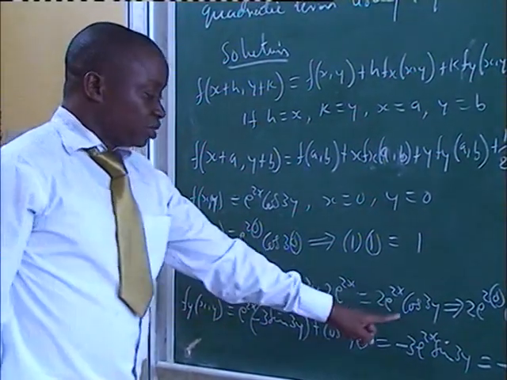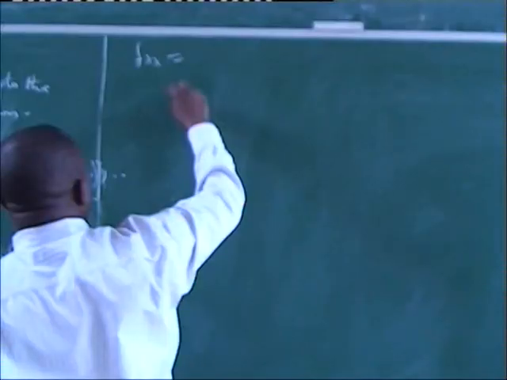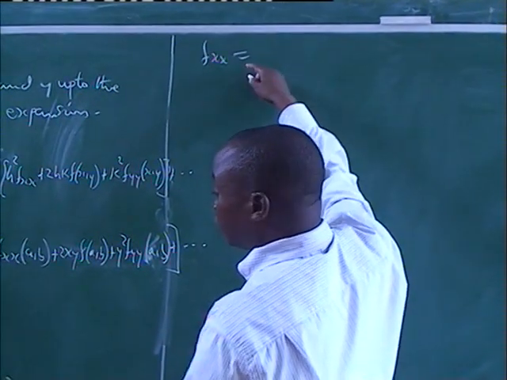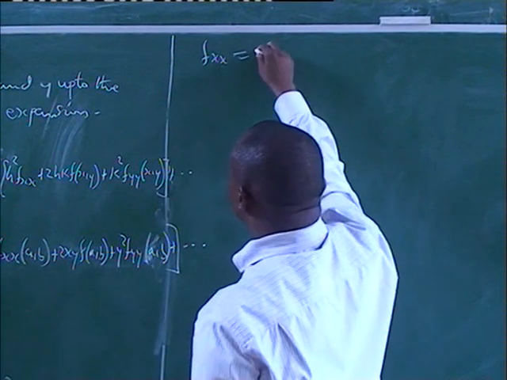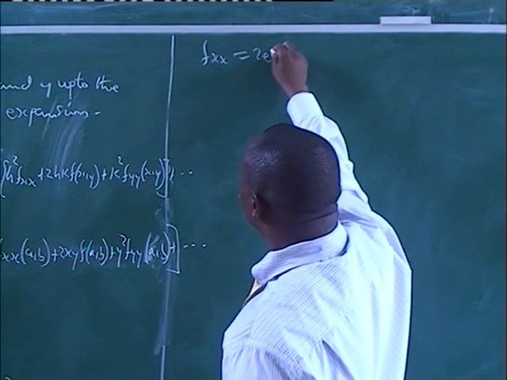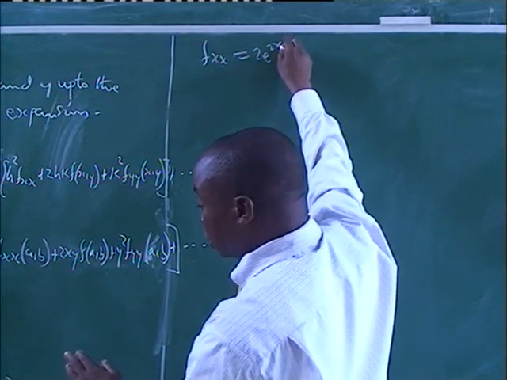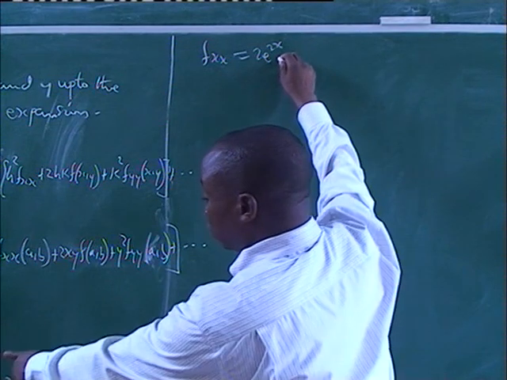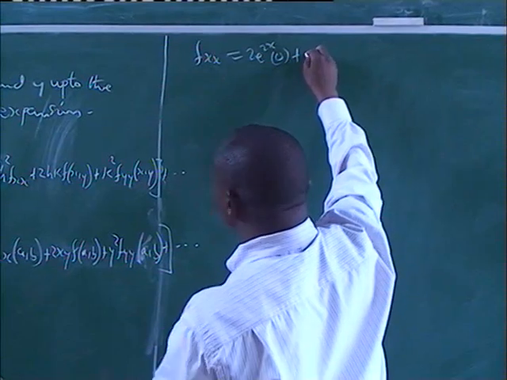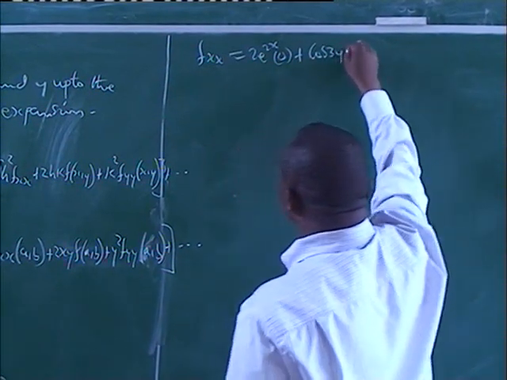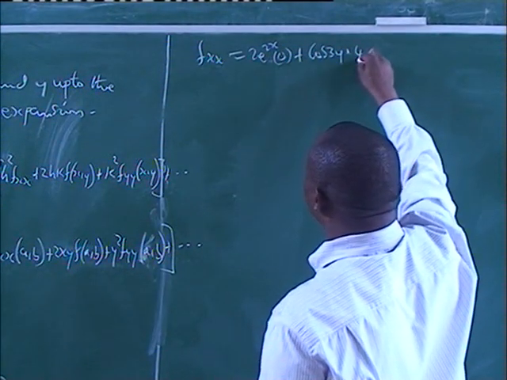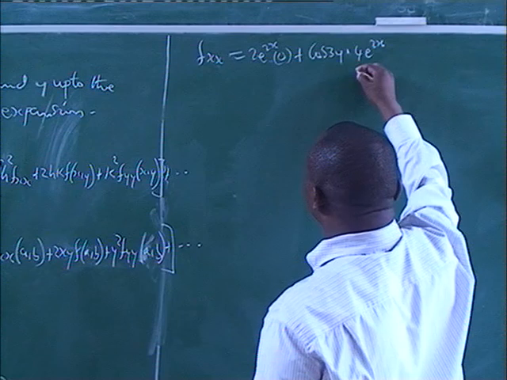For the second derivative, you keep 2 exponential 2x, differentiate cos 3y, we have 0, plus keep cos 3y, differentiate 2 exponential 2x with respect to x, I will have 4 exponential 2x.